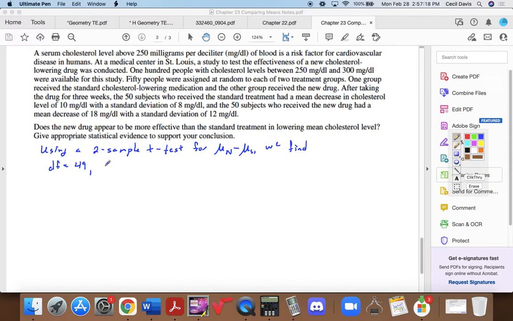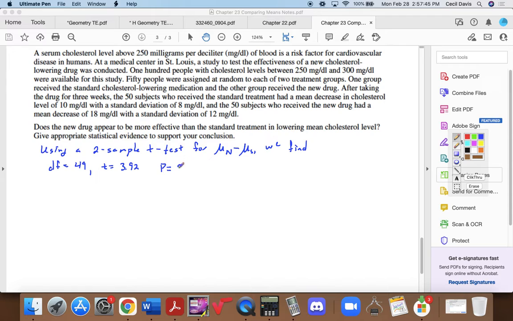And t, negative 3.92. Did I do that one? I think I have positive. It doesn't really matter. I've got 3.92, and do you have that p is 8.836 times 10 to the negative fifth?